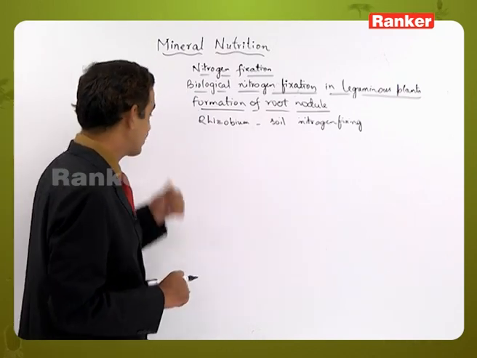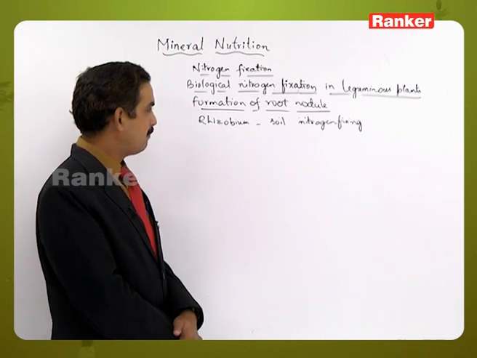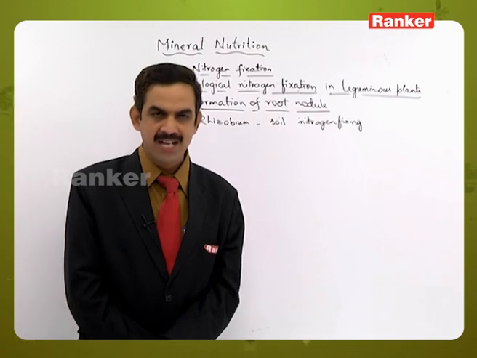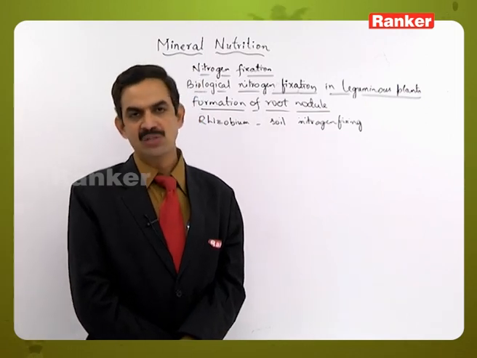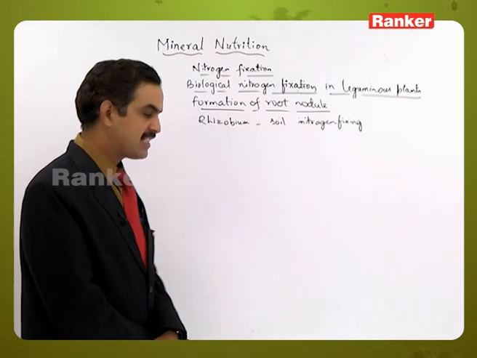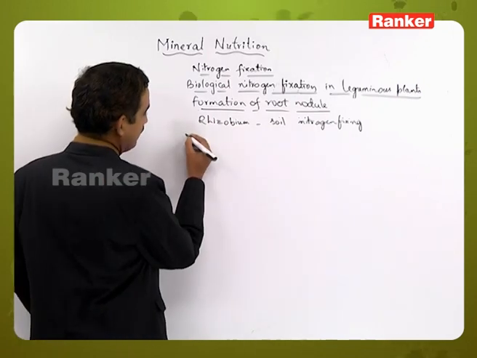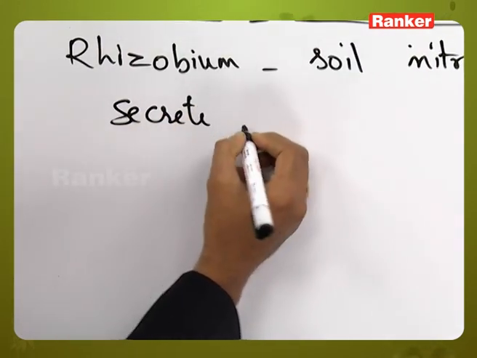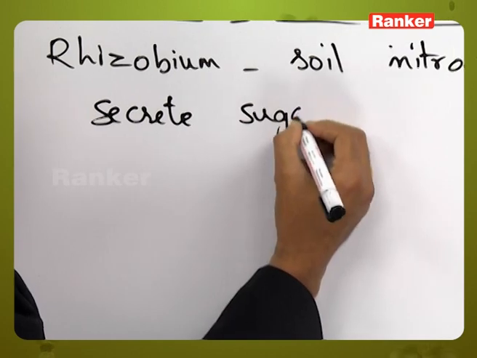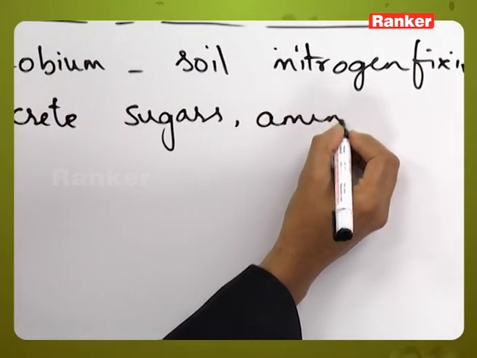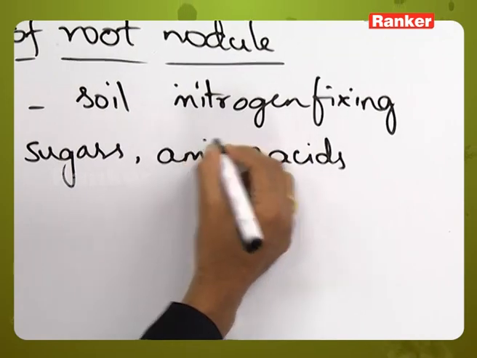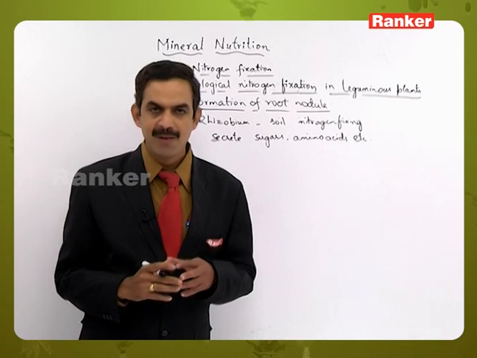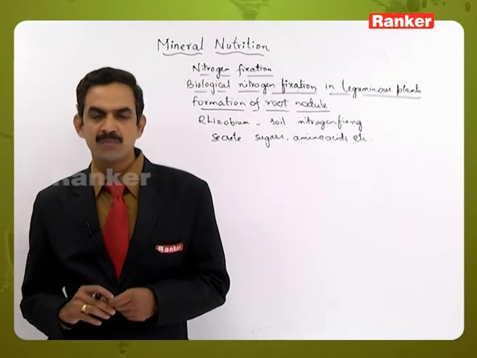So in the initial step, some secretions are made by both the root of the legume plant and also the bacteria to form an association leading to the formation of the root nodules. In this process, first the root of the legume plant will secrete sugars, amino acids, etc. These sugars and amino acids secreted by the root of legume plants will attract the Rhizobium strains.